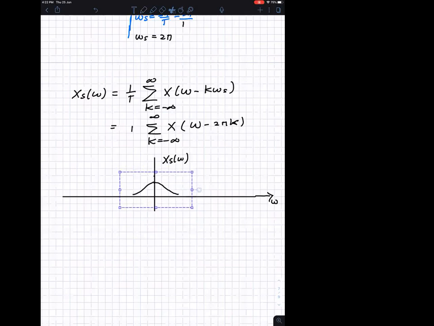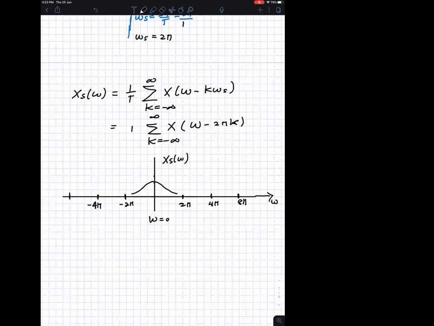Let's say this is the signal centered at omega equal to 0. When k is 1, you're going to get another signal centered at plus or minus 2 pi. When k is plus or minus 2, you get another signal here.